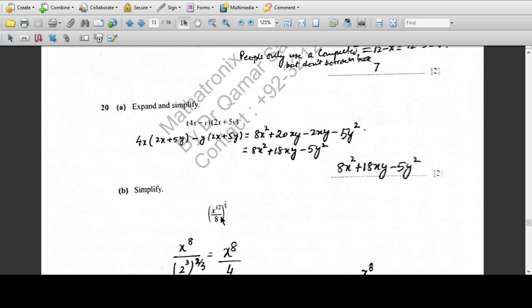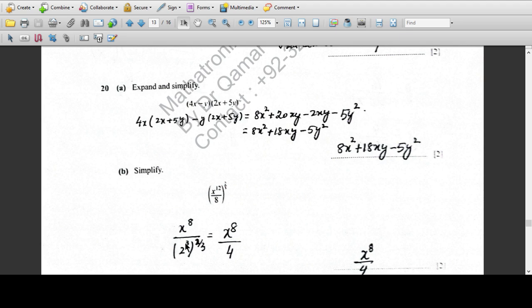Now simplify (x power 12 upon 8) whole power 2 upon 3. So this is x power 12 multiplied by 2 upon 3, and 8 power 2 upon 3. This gives x power 8, because the 3 goes into the 12 and 4 times 2 is 8.